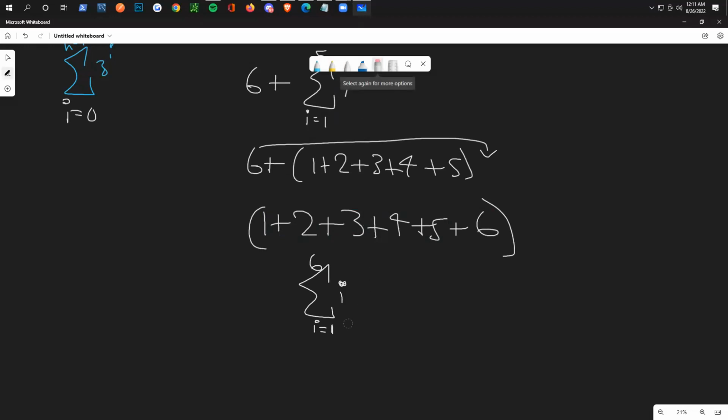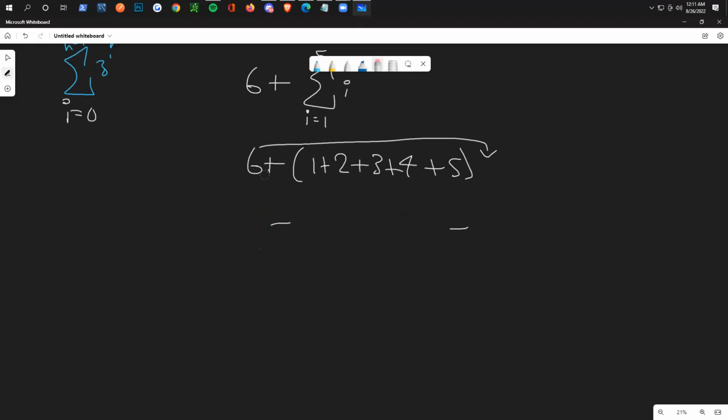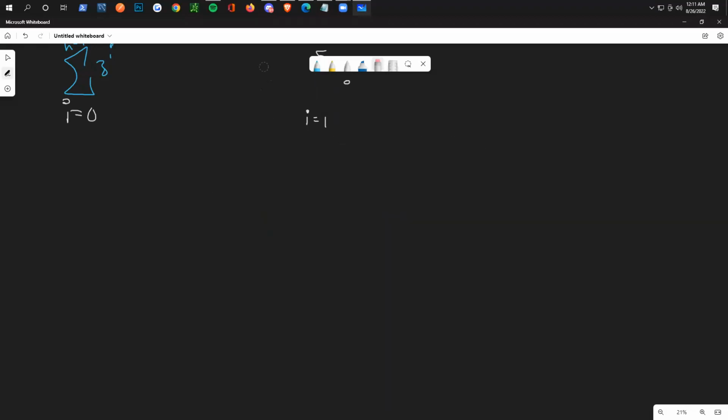Another way I explained it to somebody was, let's say you had something a little different. And by the way, you can extend upwards and you can extend downwards.